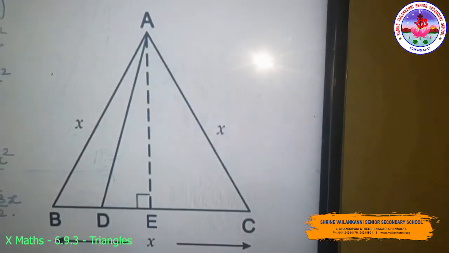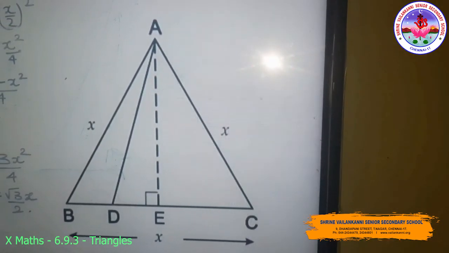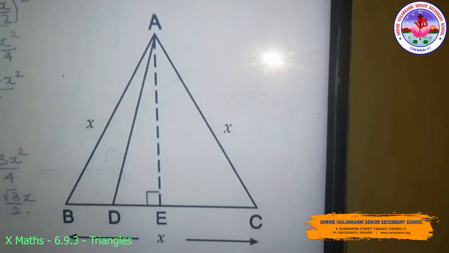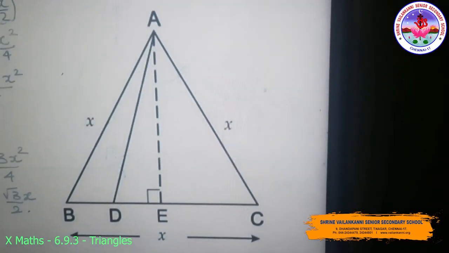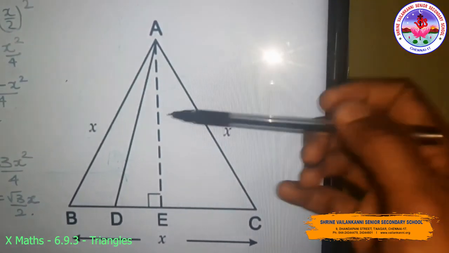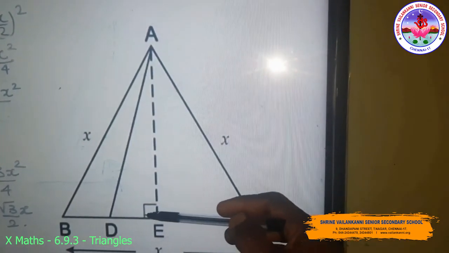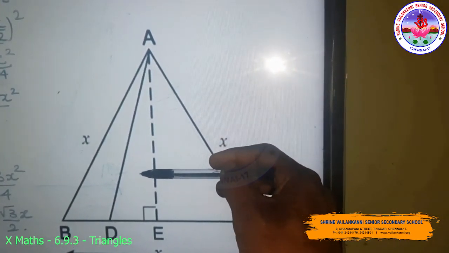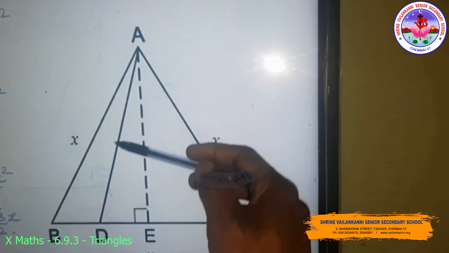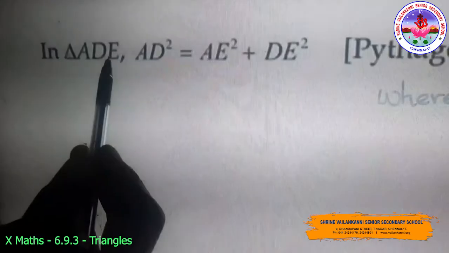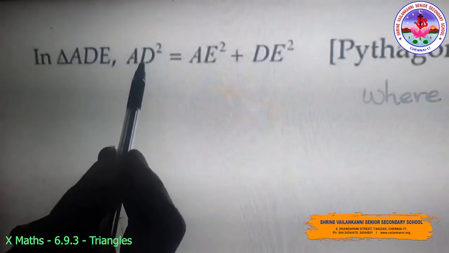I am going to take the triangle AD which is involved in the right triangle ADE. So in the ADE right triangle, I can use Pythagoras theorem to find AD square, where AD is the hypotenuse.